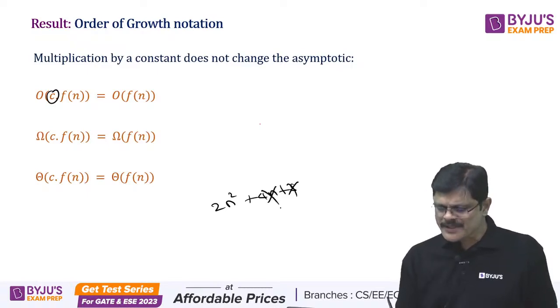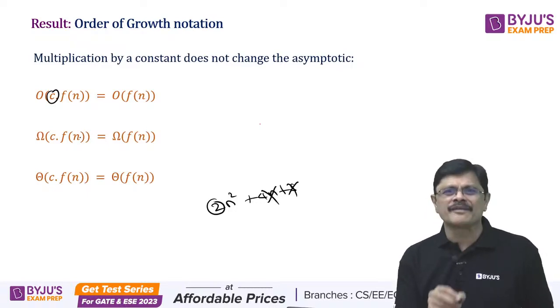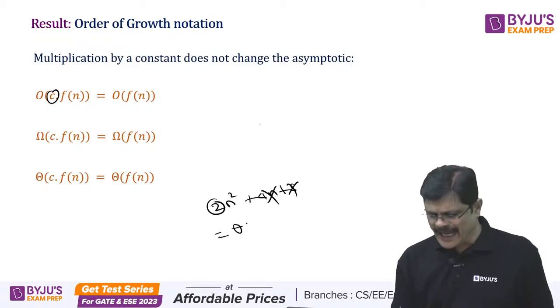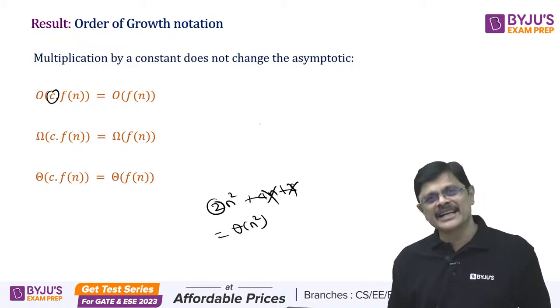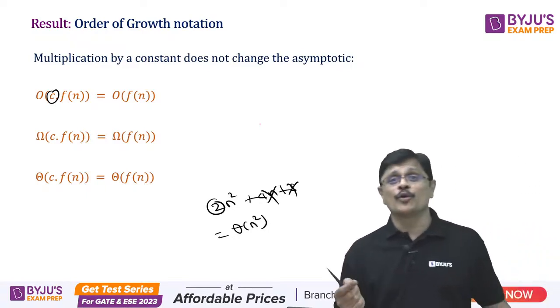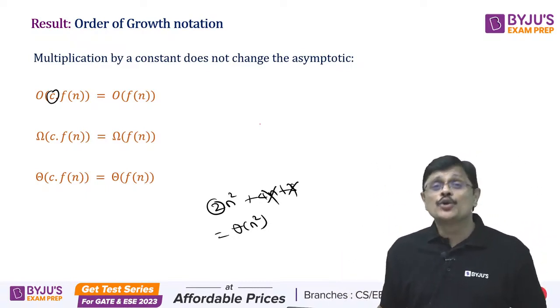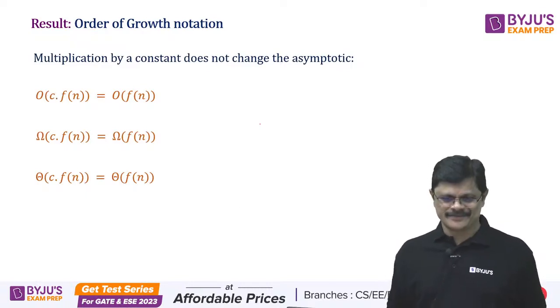The lower order terms are cancelled because of the previous result and this coefficient is ignored because of this result, my dear friends. So you can happily write it as theta n square. Is the idea clear? So this is what we call order of growth. It is another abstraction to ease our analysis, my dear friends, for writing time complexities.